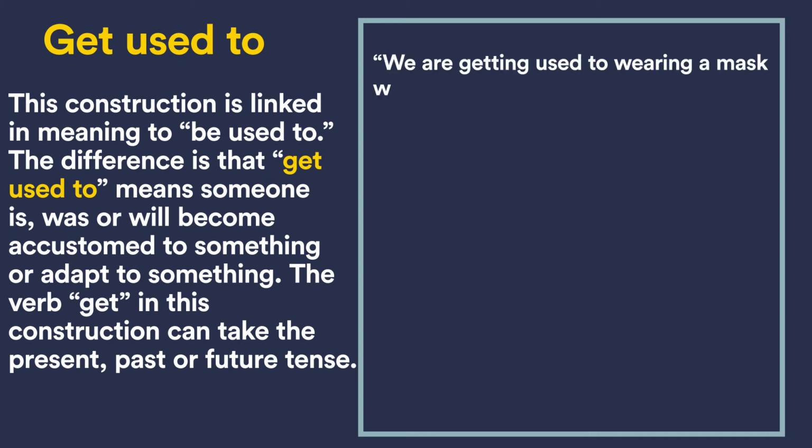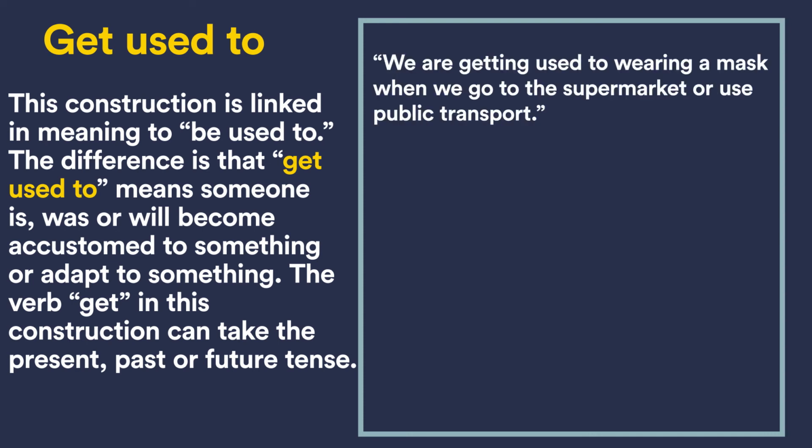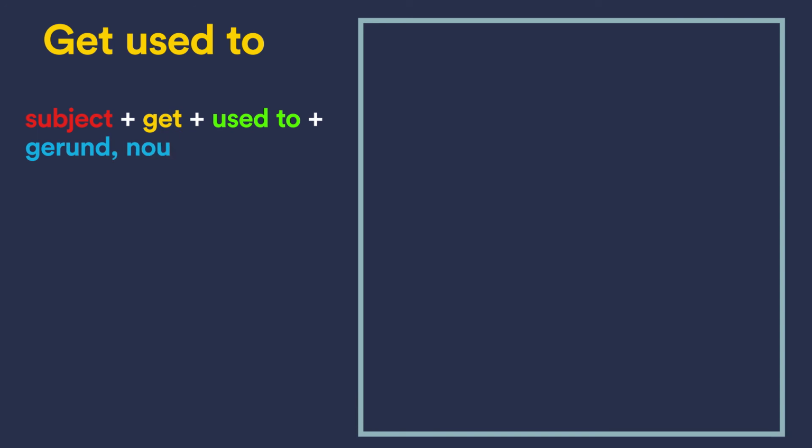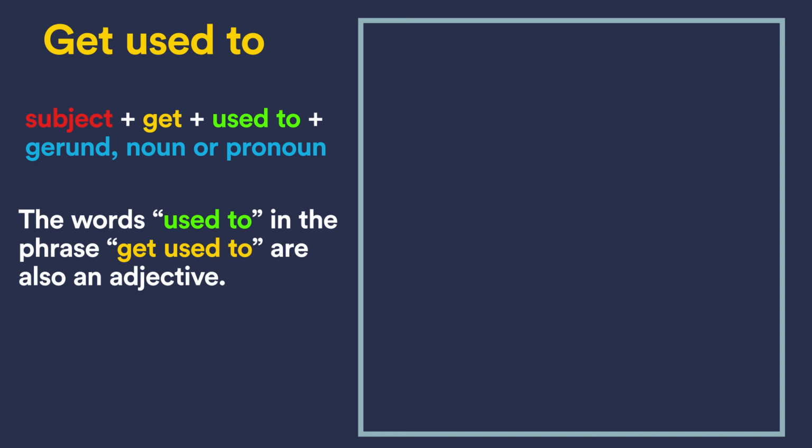We are getting used to wearing a mask when we go to the supermarket or use public transport. In other words, we are becoming accustomed to wearing our masks in these circumstances. The sentence structure is as follows: subject plus get plus used to plus gerund, noun or pronoun. The words used to in the phrase get used to are also an adjective.